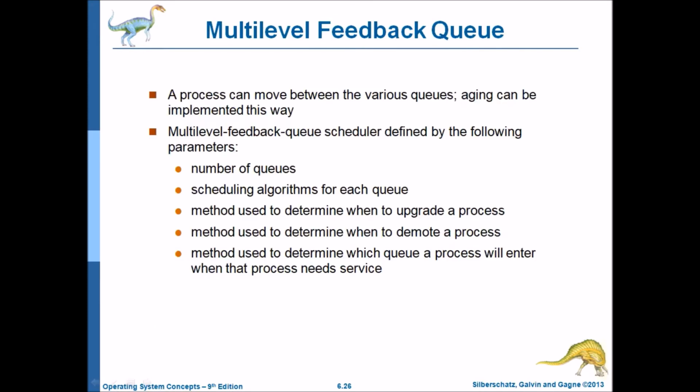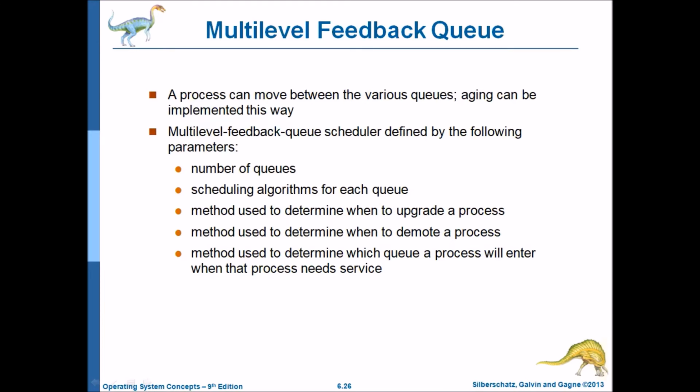Next, we have multi-level feedback queues. Multi-level feedback queue scheduling is similar to the ordinary multi-level queue scheduling described previously, except that jobs may be moved from one queue to another for a variety of reasons.